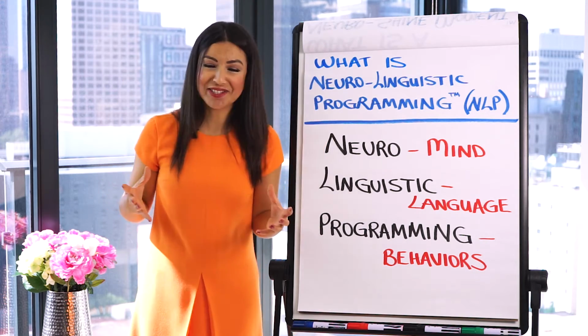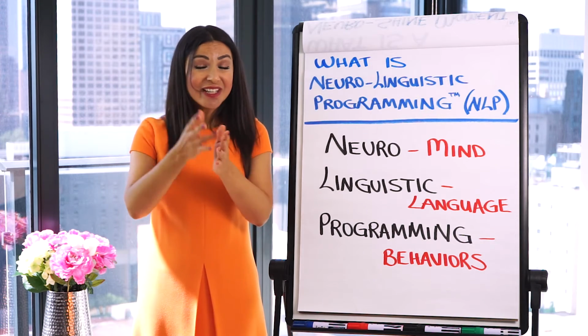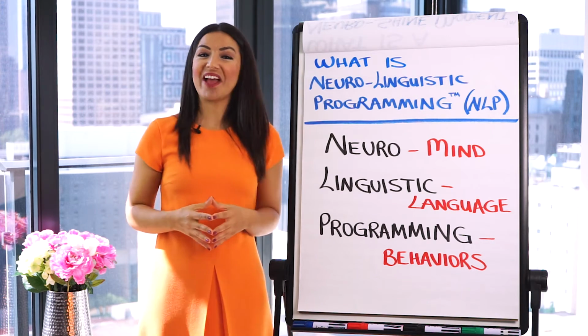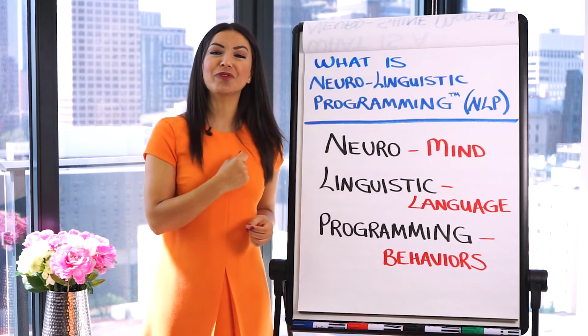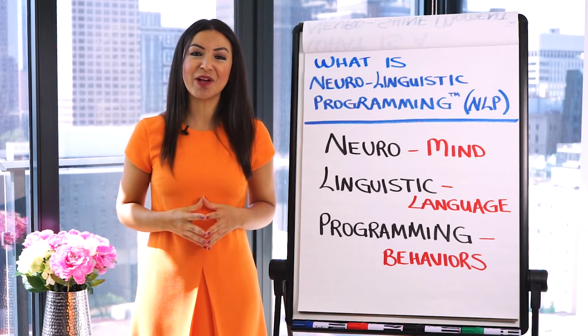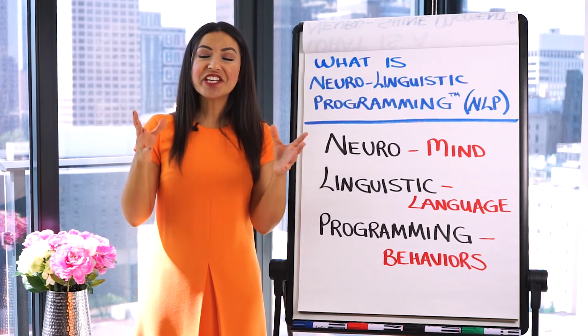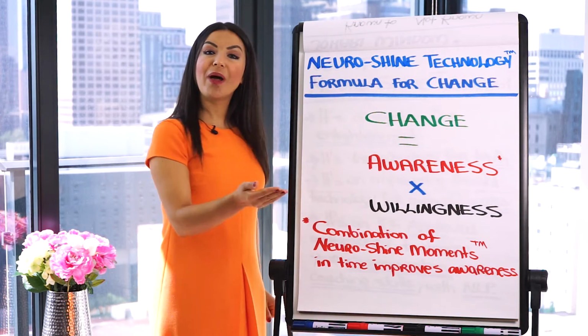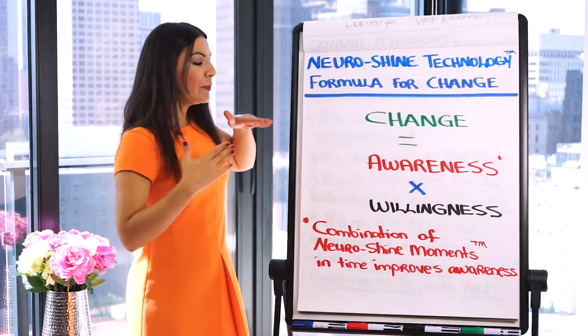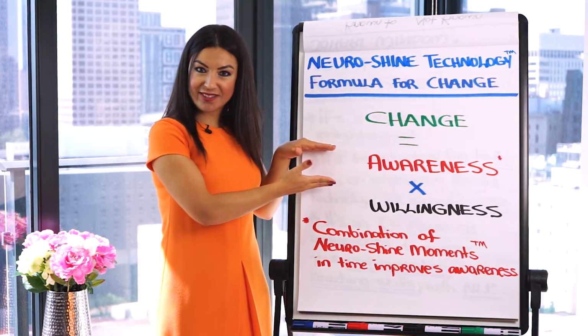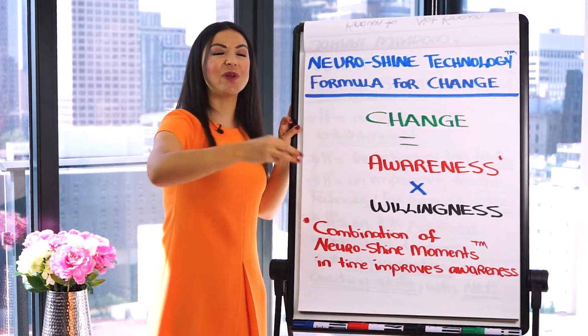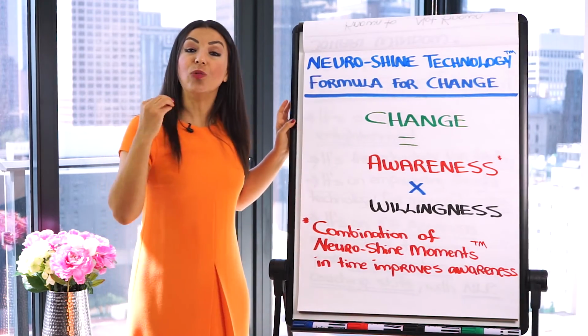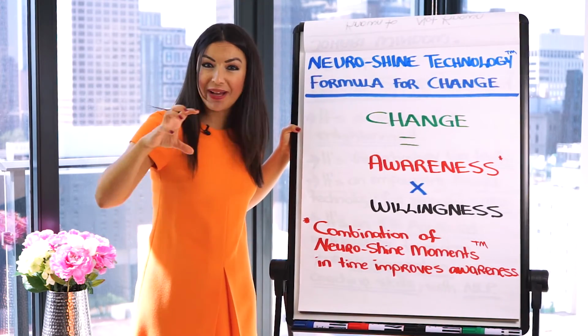it increases your awareness. And when it increases your awareness, as you know, I have a very simple formula to create any change with my NeuroShine technology, which is change equals awareness multiplied by willingness. NLP gives you a lot of awareness. NLP tells you exactly what you're doing, why you're doing, how you're doing it, step by step.